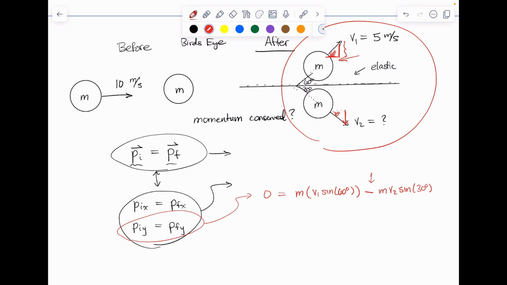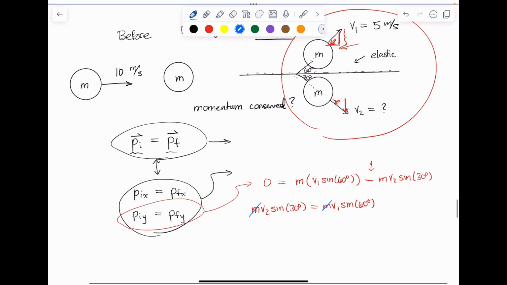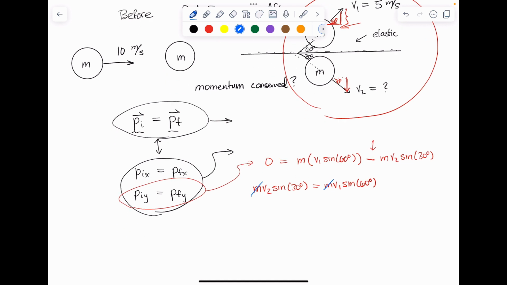And notice, right, if I solve this equation, I get mv2 sine of 30 equals mv1 sine of 60, right? And the m's cancel out. So actually, we can solve for this velocity without knowing any of the masses involved. Or we don't have to know the mass, right? The mass is the same for both balls, but we don't care what it is because it just comes out of the equation.